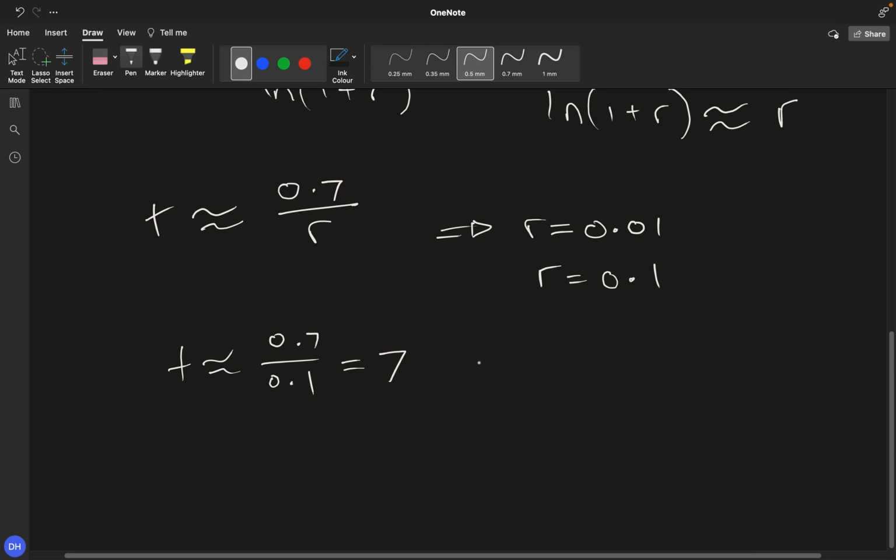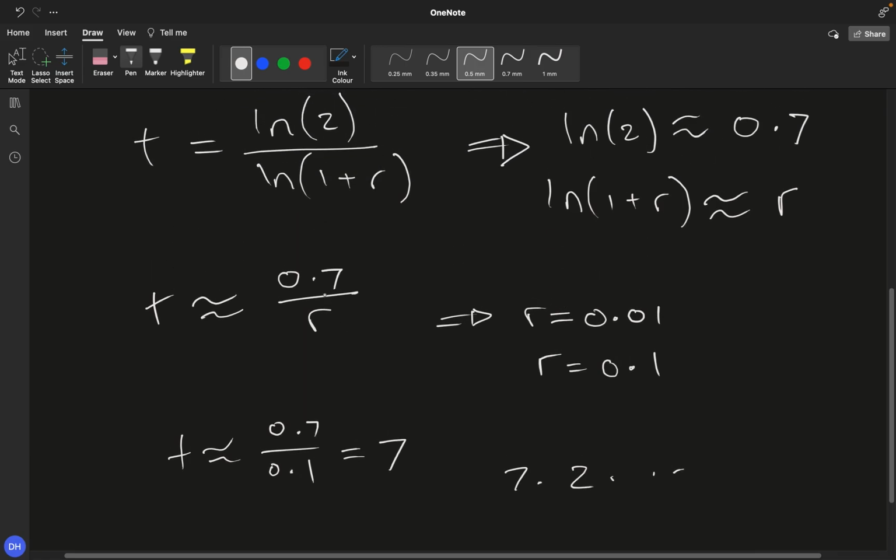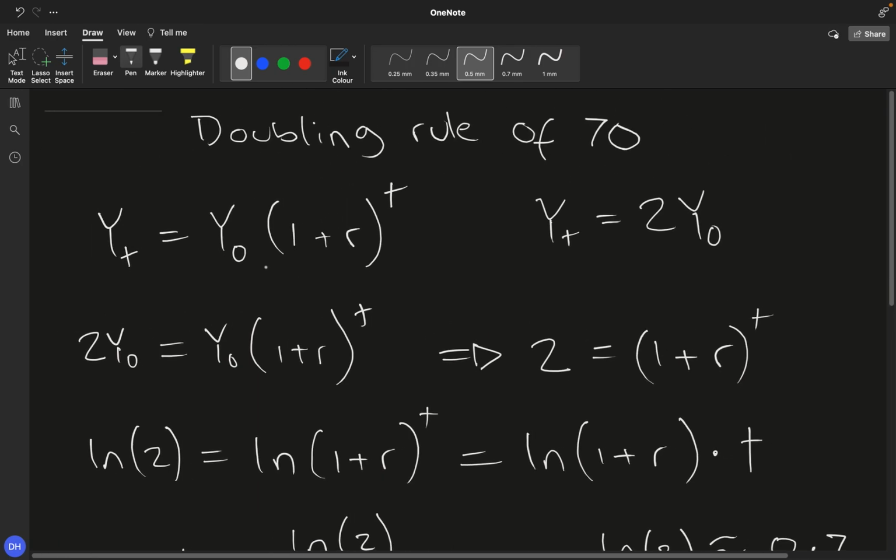I think the real number is something more like 7.2 something. So yeah, for small r, that is our doubling rule of 70, which tells us, given some growth rate, how long it will take for us to double our investment or our principal value.